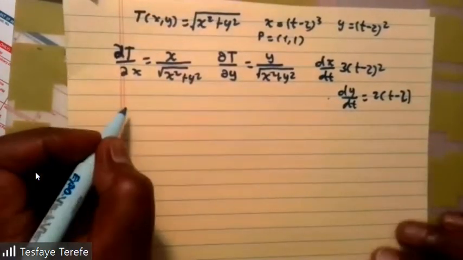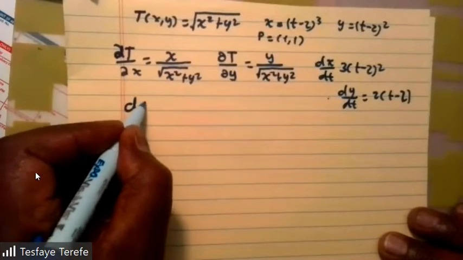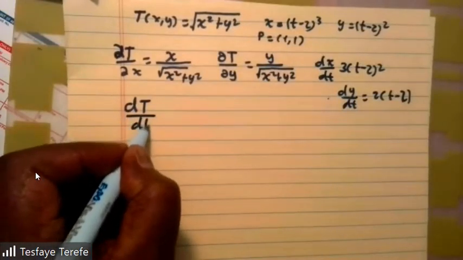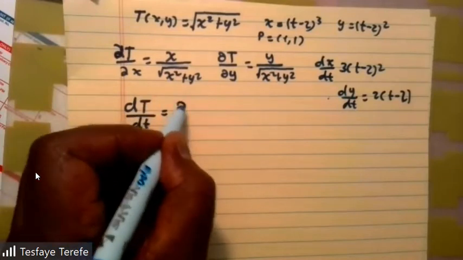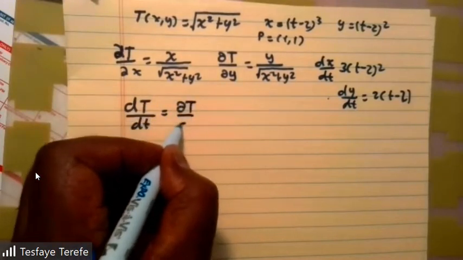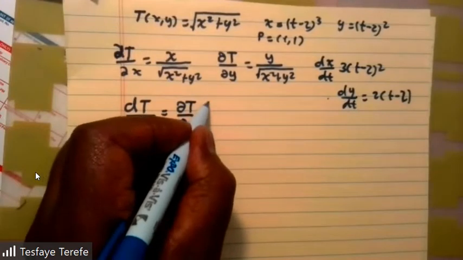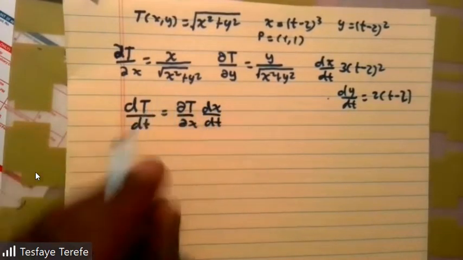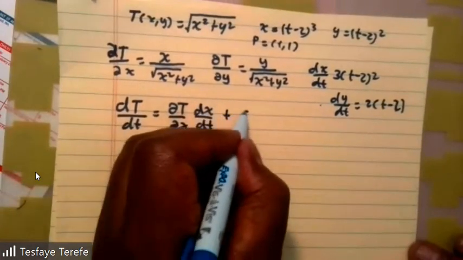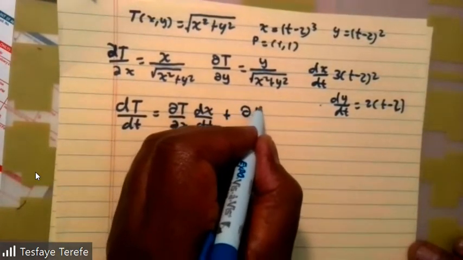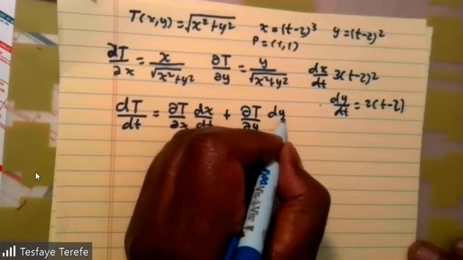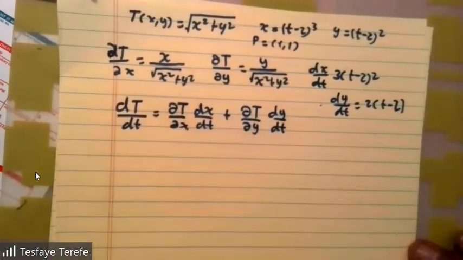Then by the chain rule, as you know, the total rate of change of temperature with respect to time is going to be partial T partial x dx/dt plus partial T partial y dy/dt.